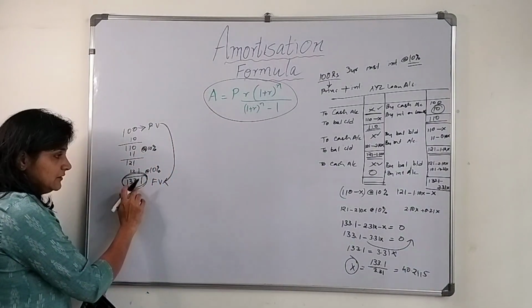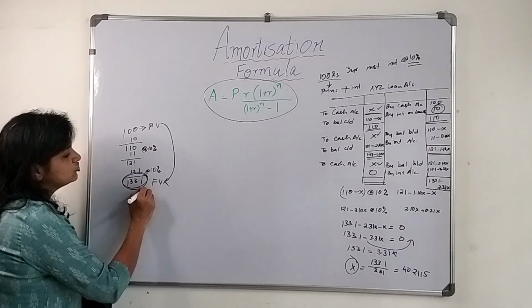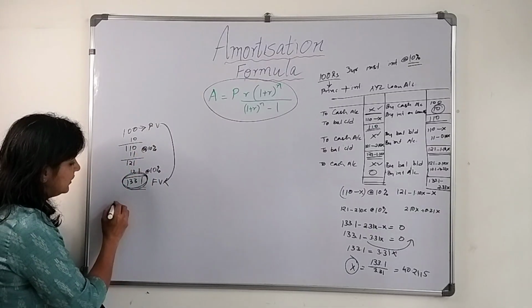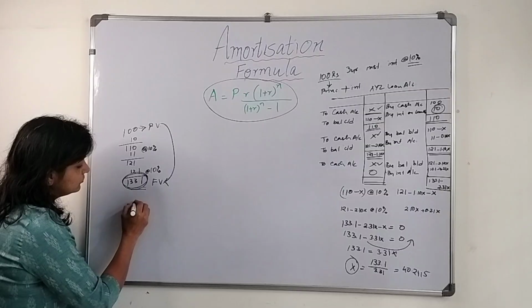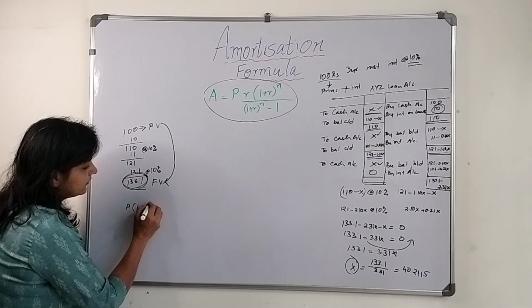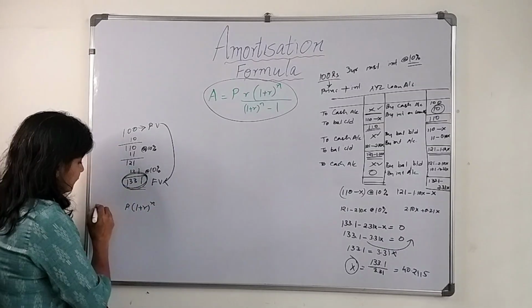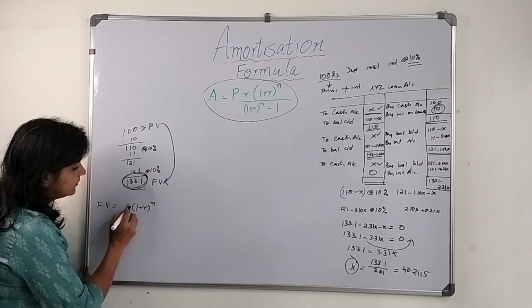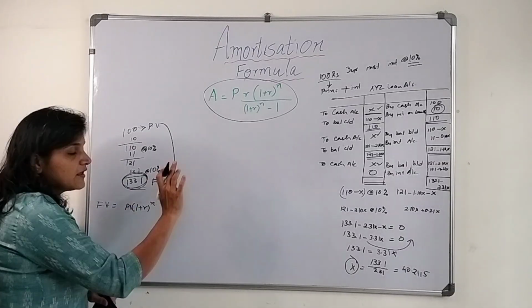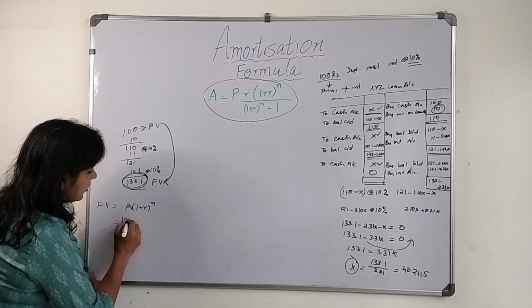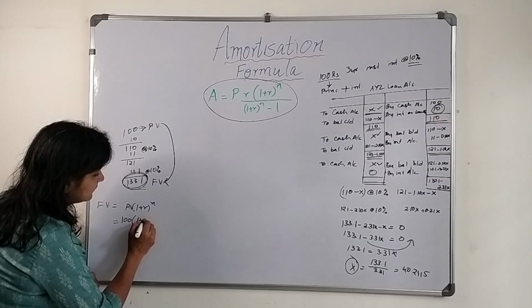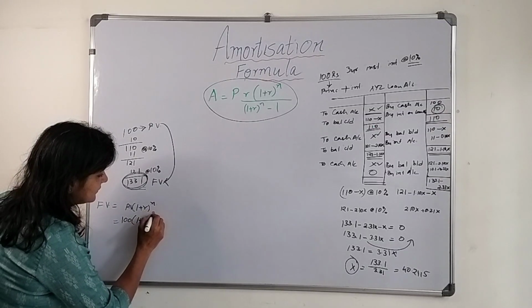Now, to determine this future value, what is the formula? The future value is the present value into 1 plus r raised to n. The present value is 100, 1 plus r is 1.1, raised to n, that is 3 years.